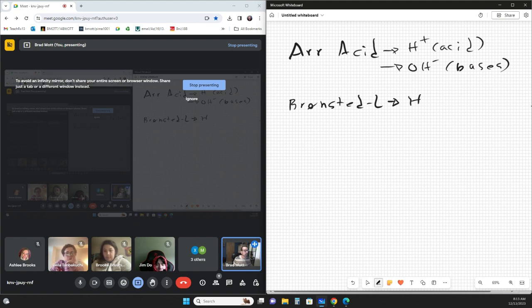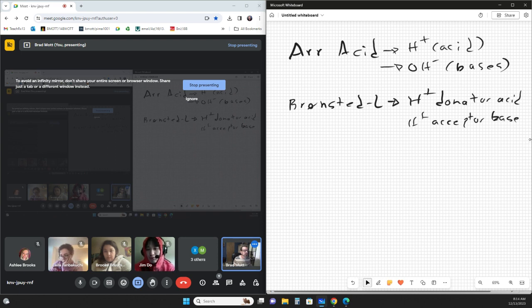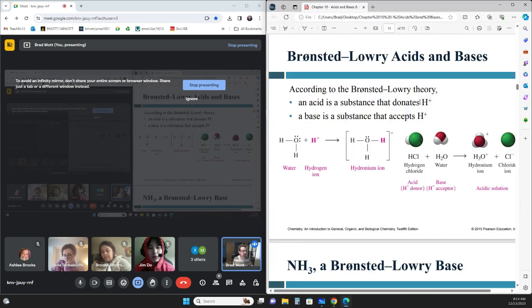So a proton donator is an acid, and a proton acceptor is a base. Okay, so let's see what that looks like a little bit. It seems sort of esoteric, I guess, at this point.